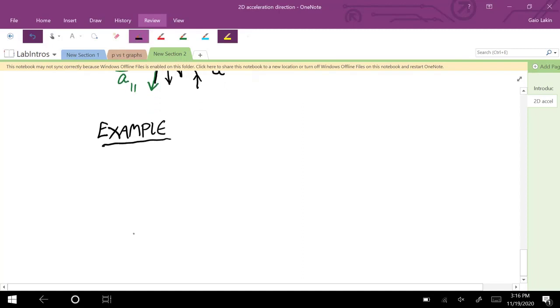So let's say that we have an object that's thrown and it follows a path like this. What can we say about the acceleration of this object? Let's say first when it's over here in its flight, and then second when it's over here in its flight.